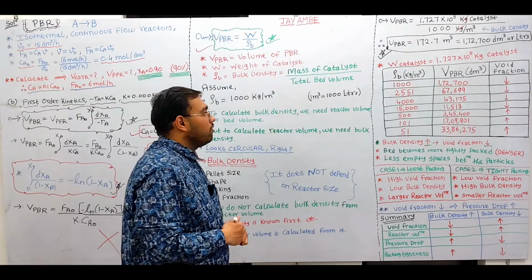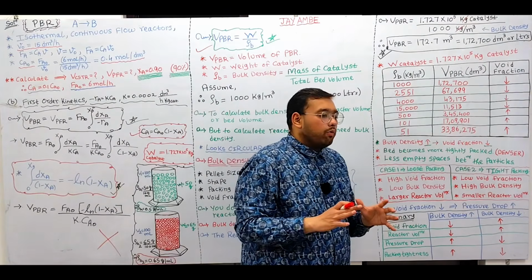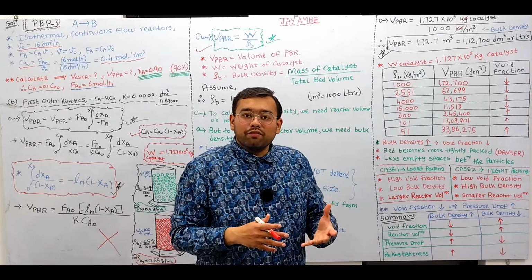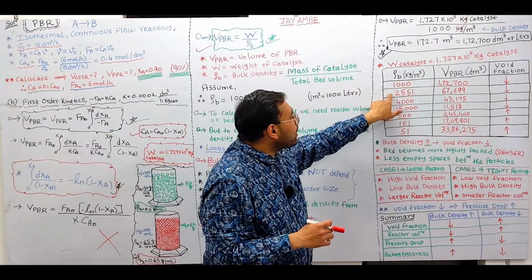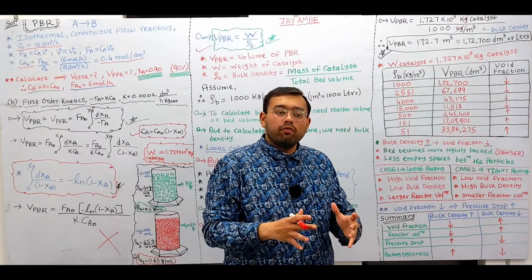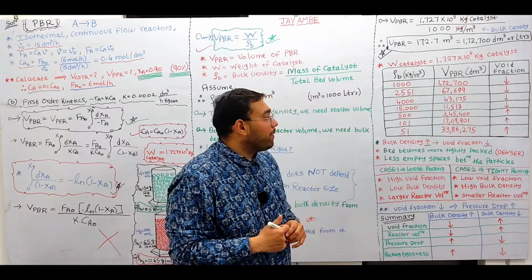Now what if I increase my bulk density from 1000 to 2551? What will be the effect on the volume of the packed bed reactor?